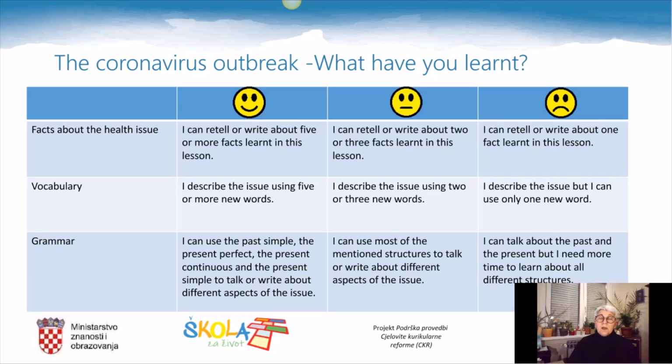When you speak about the virus, the outbreak, it has happened, present perfect. When you refer to the beginnings, the first cases, you'll use past simple. When you give facts, present simple. When you describe the situation as it is happening now, present continuous.